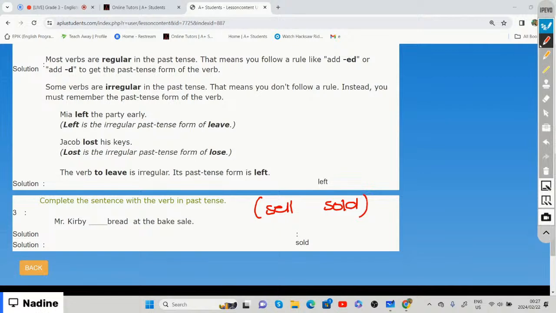Mr. Kirby sell or sold? Remember, we are doing the past tense. So in the past tense, we will say Mr. Kirby sold bread at the bake sale. Yes, well done. Sold is correct.